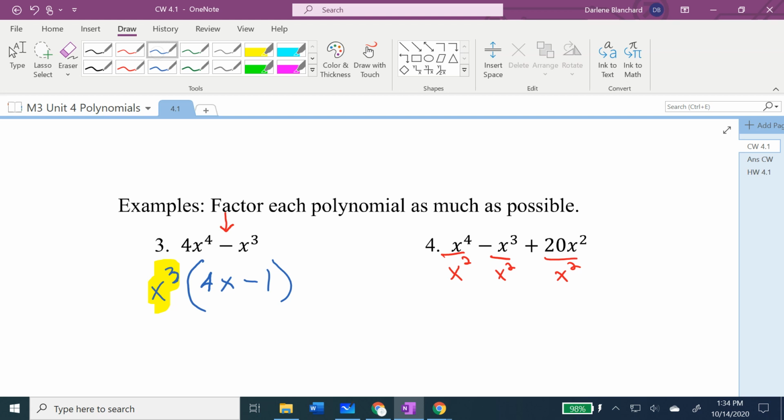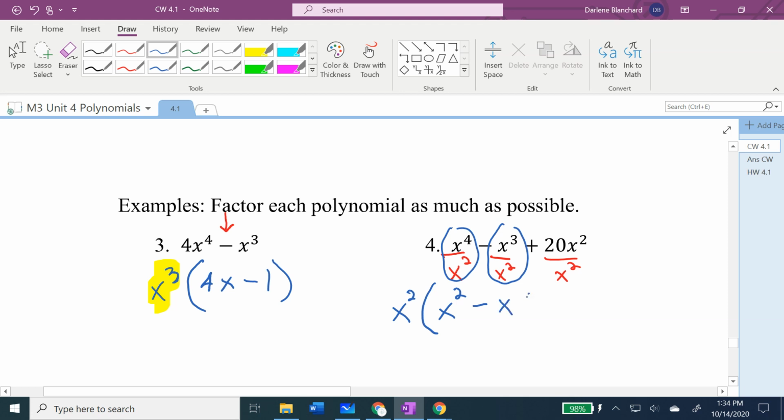So now when I factor it, I have x squared times, and then each term is divided by x squared. So what is x to the 4th divided by x squared? X squared minus, what is x cubed divided by x squared?